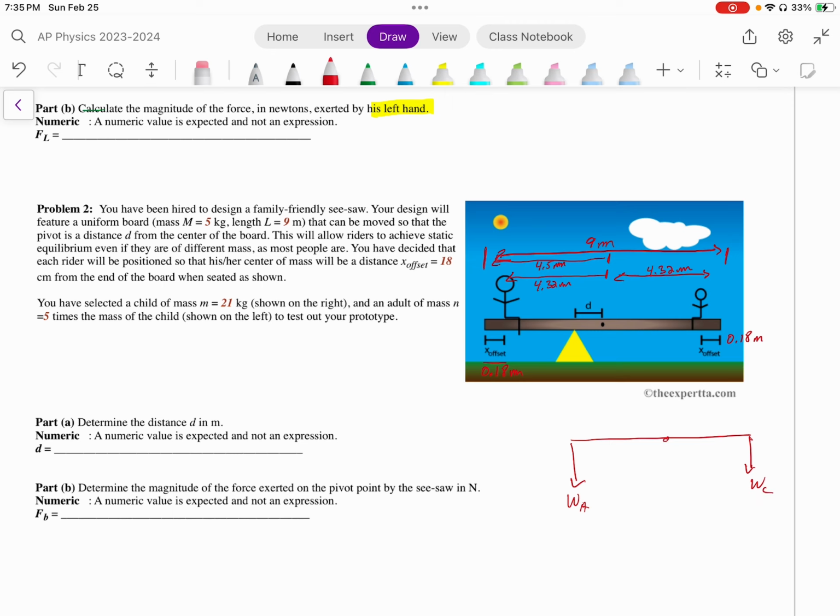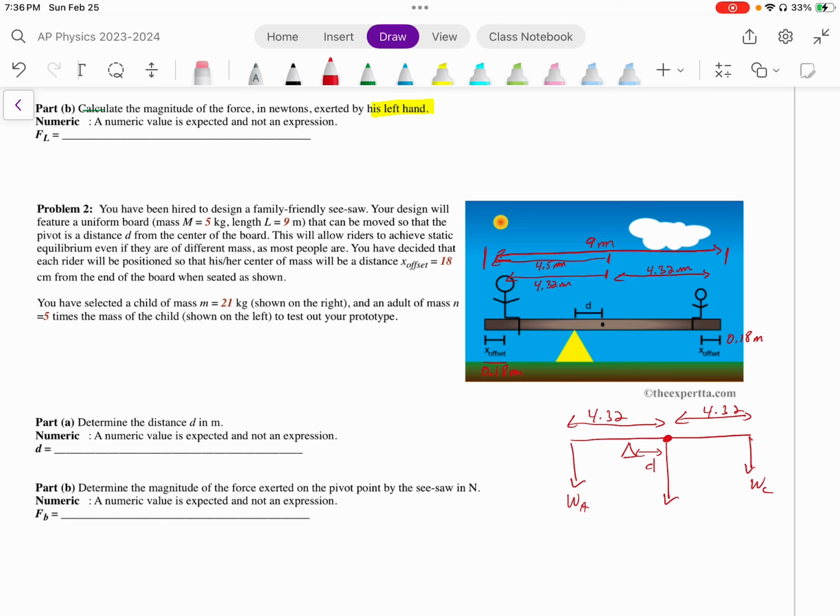Here, we know these distances. Those are 4.32. This is 4.32. And this fulcrum is located to the left of that center of gravity by some distance d. That'll be important here in just a minute.